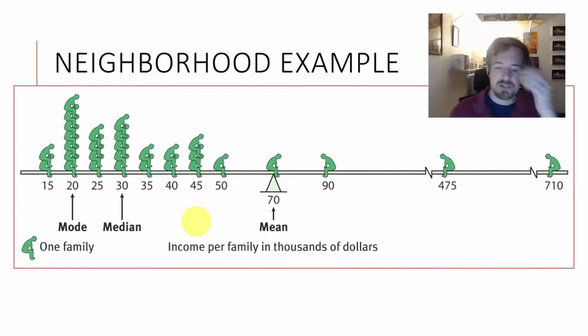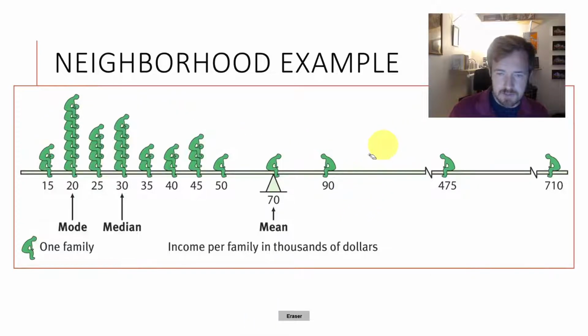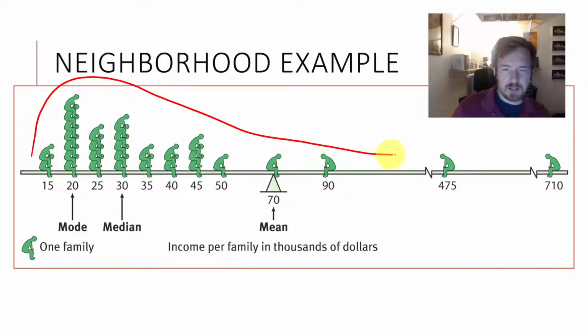So here is an example for why it influences the mean. In this data set right here, we have a distribution that looks essentially like this. It looks something more like that. Here, our median is closer to over here, but our mean is over here.